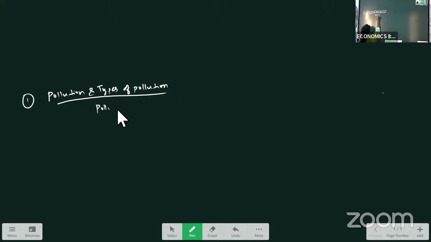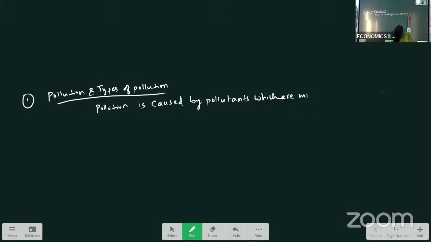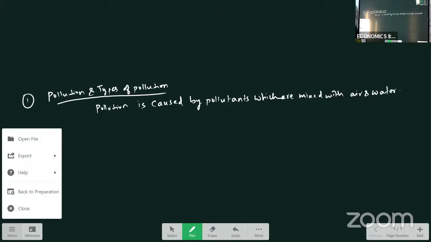So, when the pollutants are mixed with air and water, it changes the atmosphere, damages the environment and all. So, that concept we call as pollution, right?